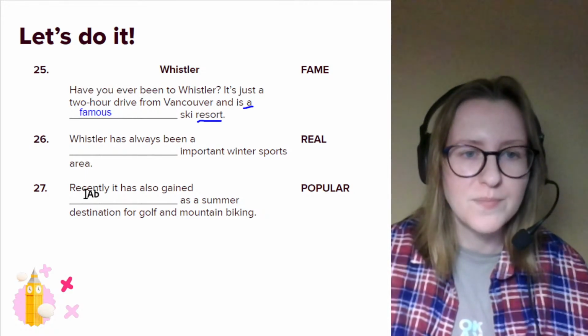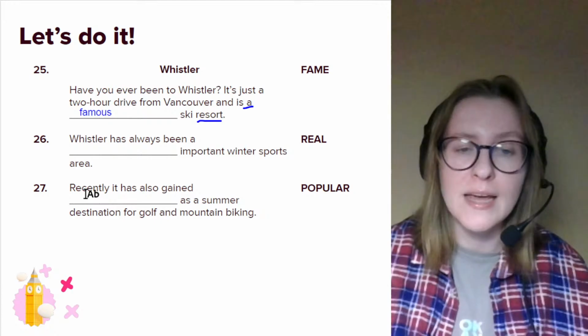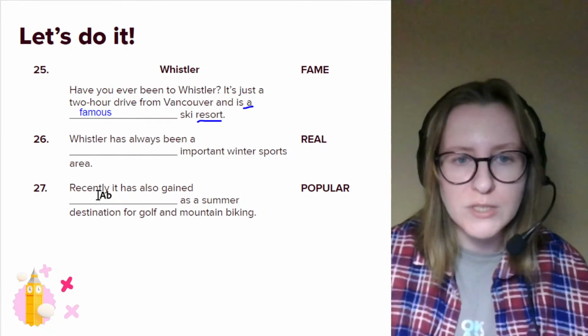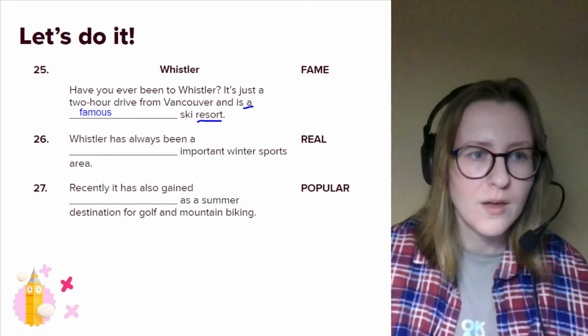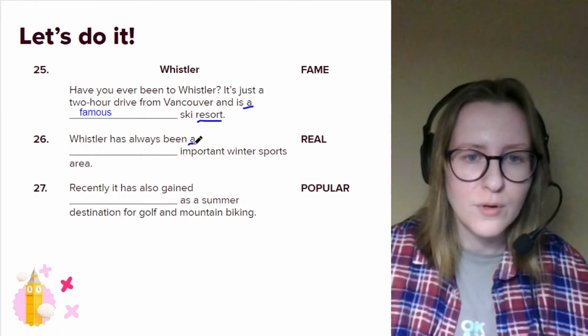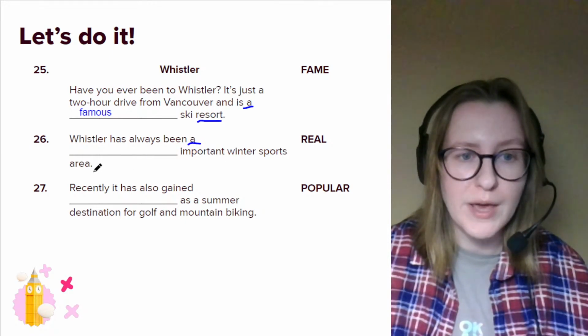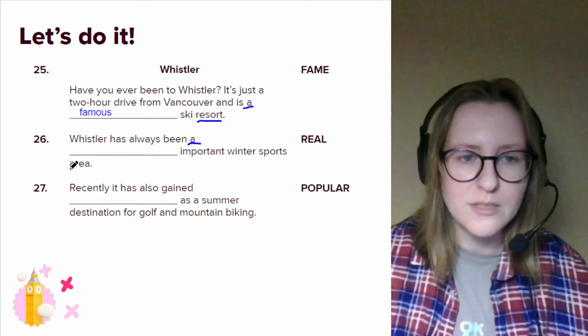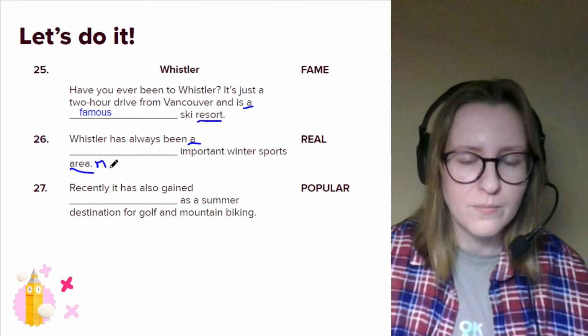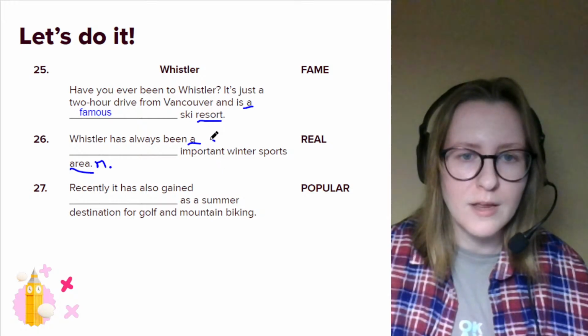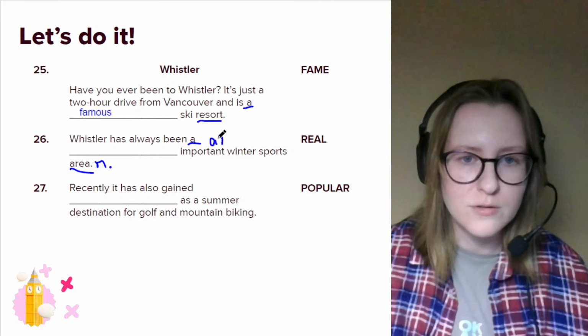Okay, 26. Whistler has always been a important winter sports area. Okay, we have an article, important winter sports area. That article defines our noun area. After the gap, we have an adjective.